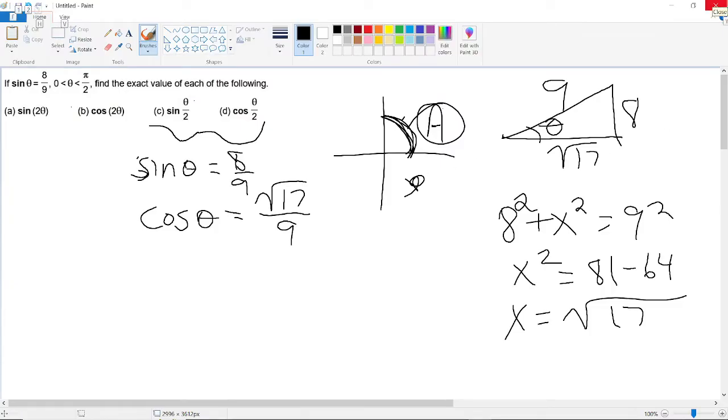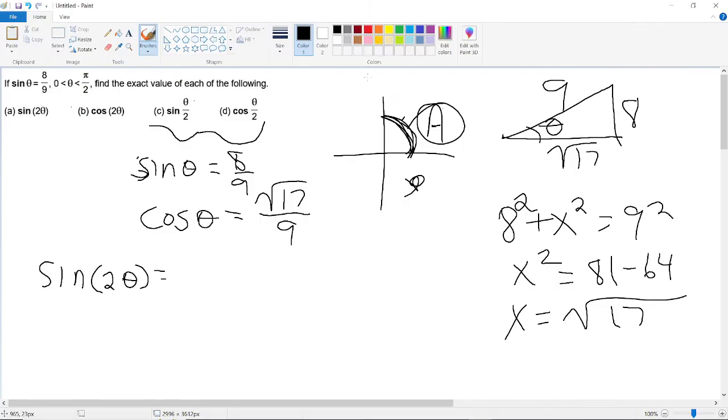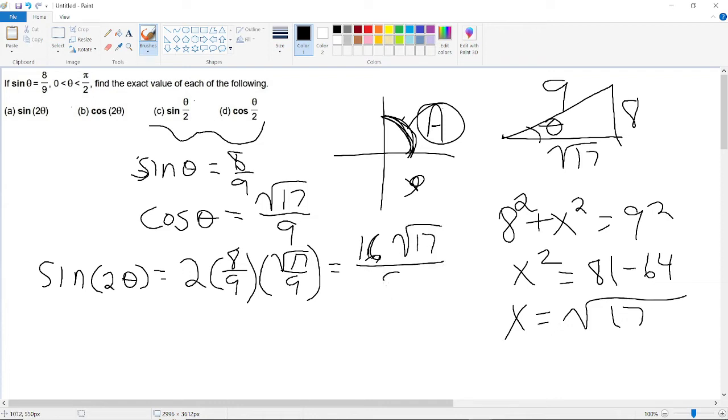All right, let's do a sine of 2 theta. Something is going haywire here. Wait a minute, I can't find my cursor. Okay, sine of 2 theta equals 2 sine theta cosine theta. 2 times sine of theta times square root of 17 over 9 equals 16 square root of 17 over 81.